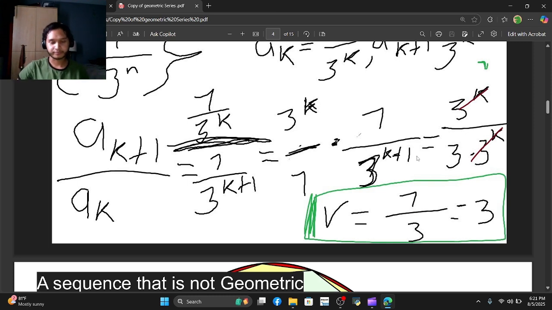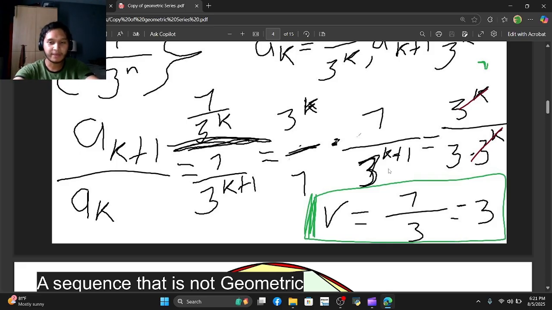So what I did here, because if you see an exponent that is being added, we can use the power rule, kind of breaking it up.